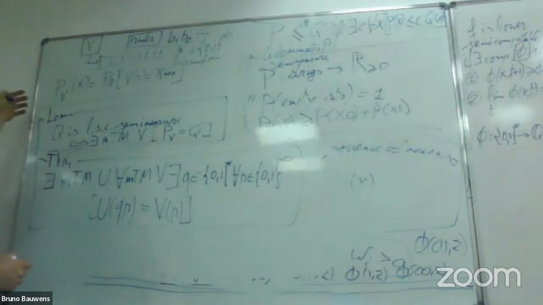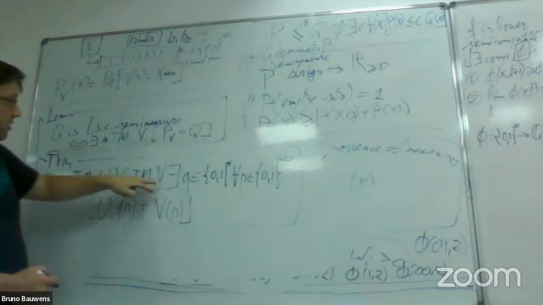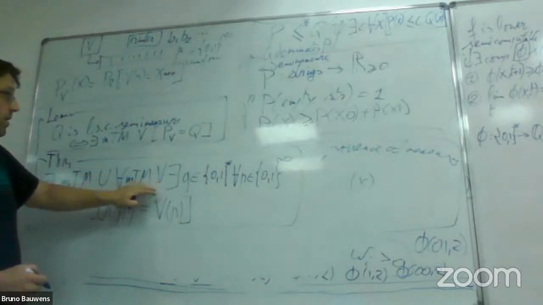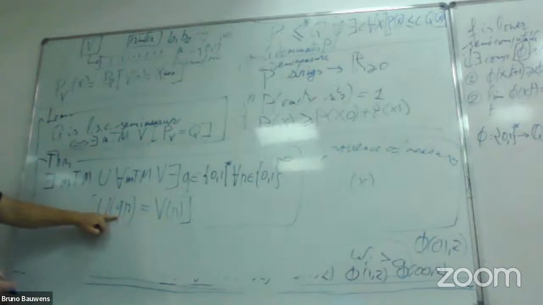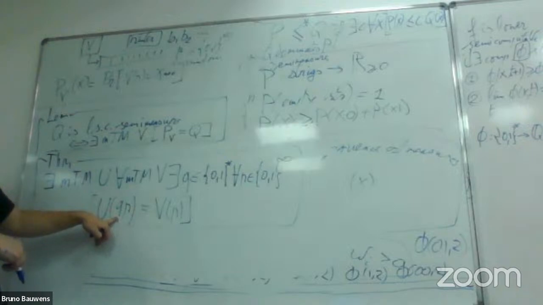So let me say it again. I say that we can have a single machine. For any other machine V, we can simulate it on input by prepending a compiler, a V2U compiler.